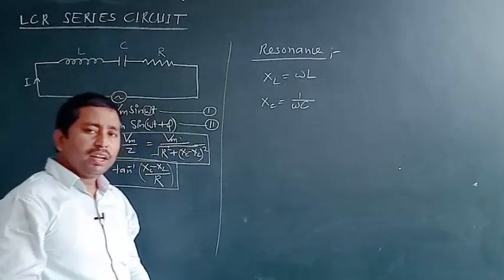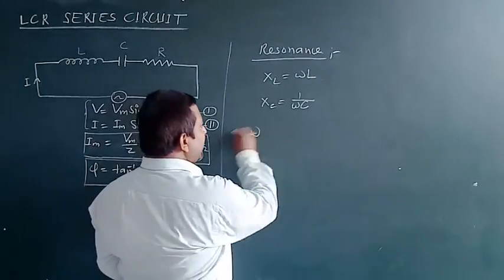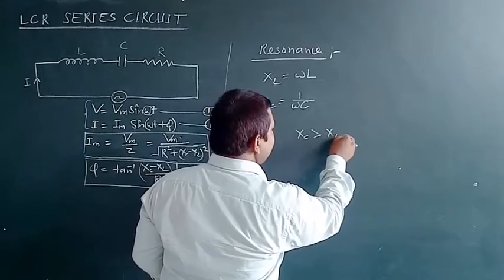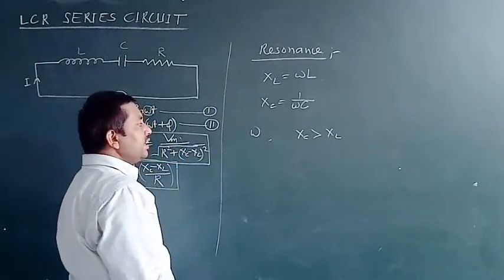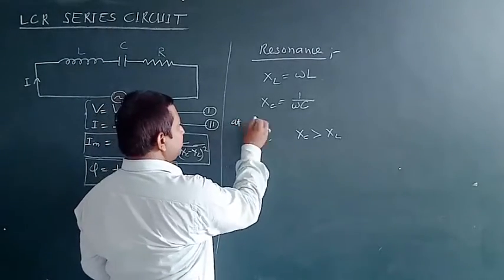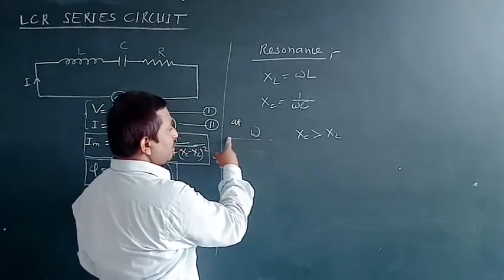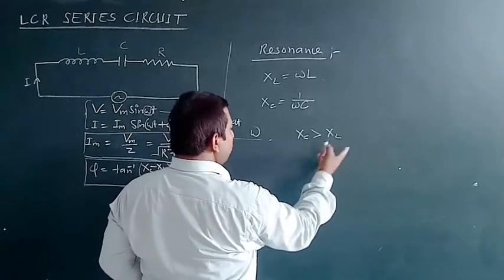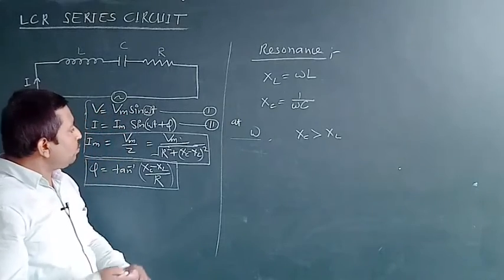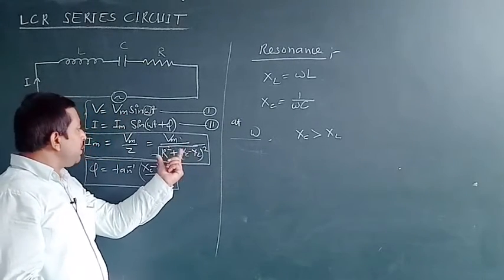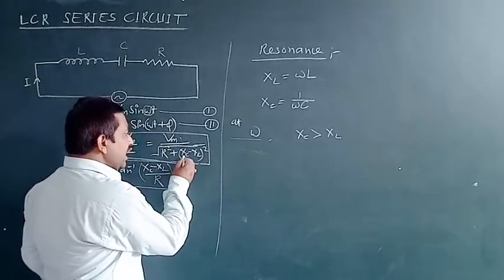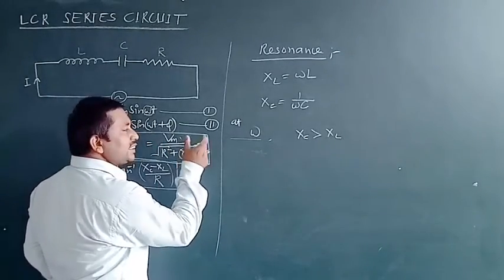Suppose that at some value of angular frequency omega we find XC is greater than XL. Then we want to reduce the value of Z, for which we make XC minus XL equal to 0.